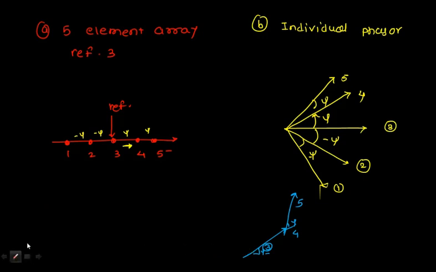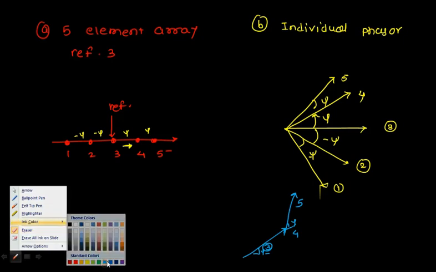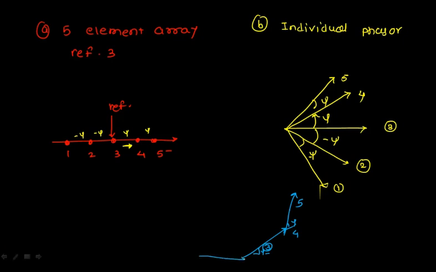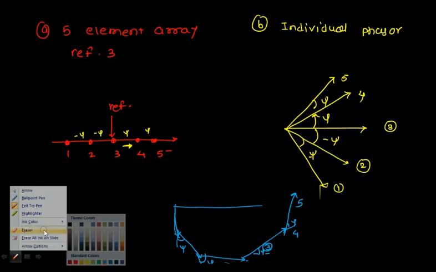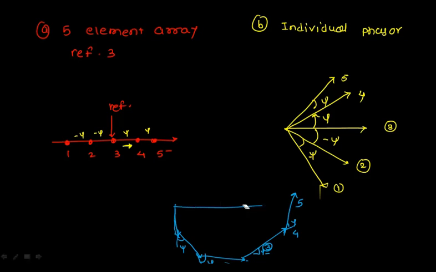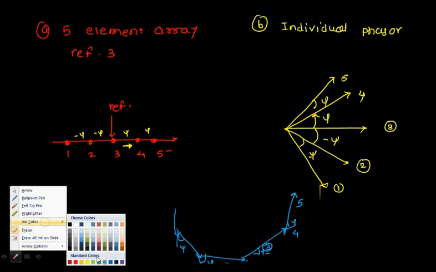So just talking about the two other phasors, I have taken 3 as a reference. Then I can say this will be the 2. और आपका जो भी है 2 और 3, this is 3, this is 2, the angle will be psi. ठीक है. Again if this is 1, I can say आपका जो भी phase difference होगा इन दोनों का वो psi होगा. And collectively whenever you talk about the resultant of this particular field, this resultant is nothing but the addition of all phasors. तो आपका जो भी resultant यहाँ पे होगा ऐसे दिखेगा.